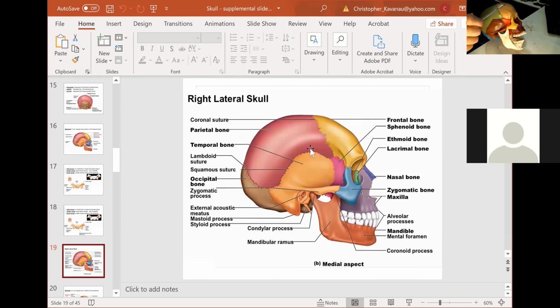And we're going to learn about another really neat bone here, called the zygomatic bone. And then your upper jaw, that's the maxilla. We'll be looking at that soon when we get to the facial bones, which are coming up.